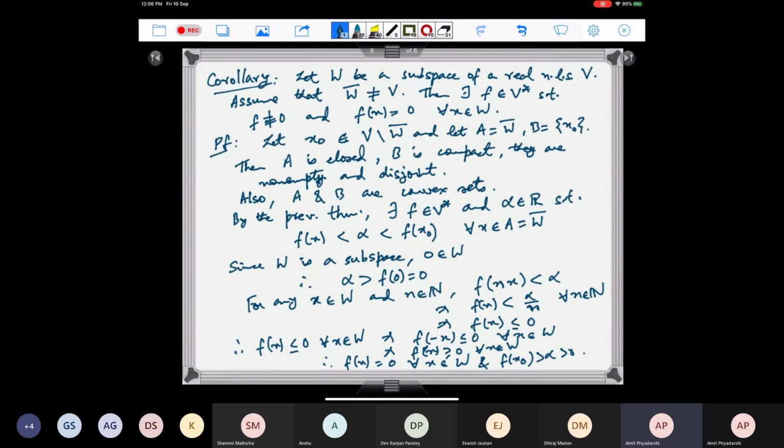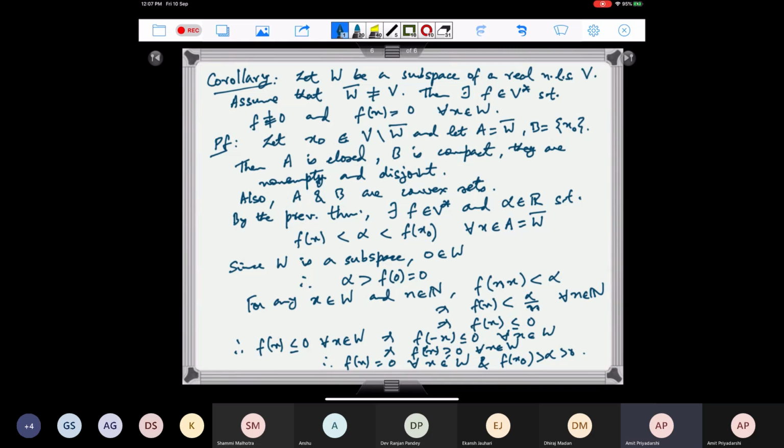Of course, if I take W to be a closed proper subspace of V, then we can show this using the Hahn-Banach extension theorem also. You can look at the quotient space V mod W and work on that.